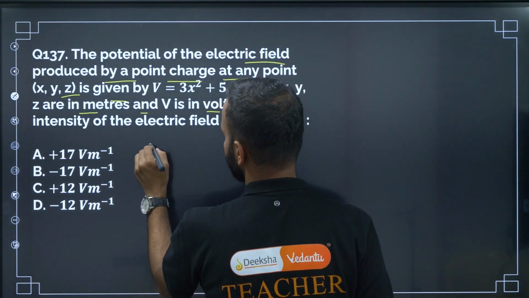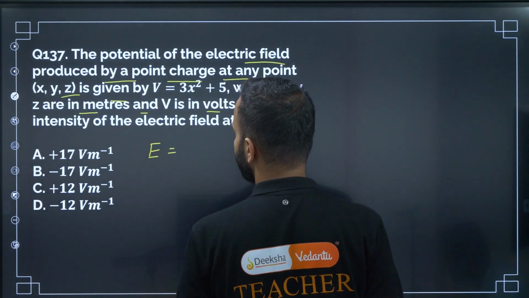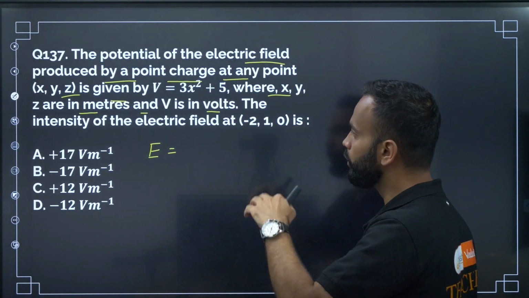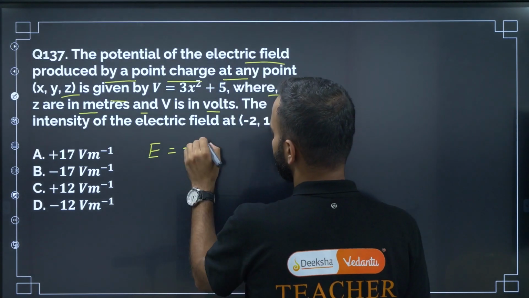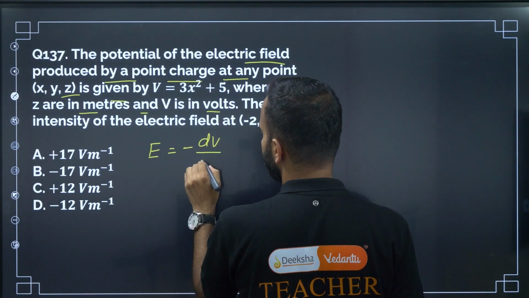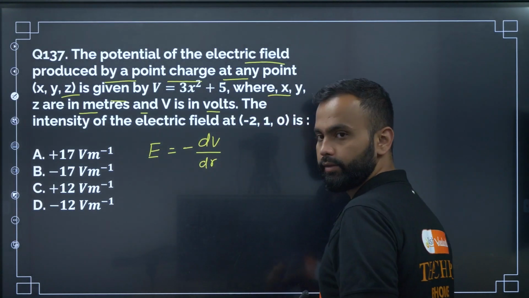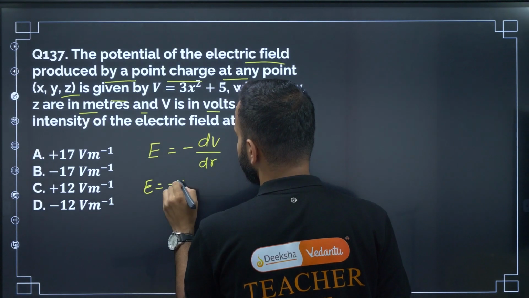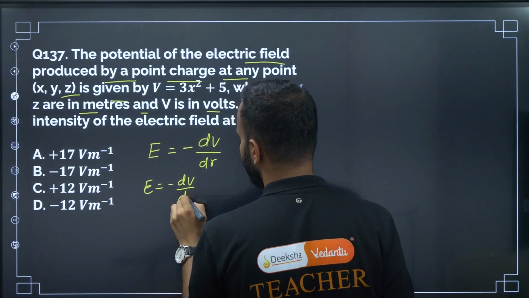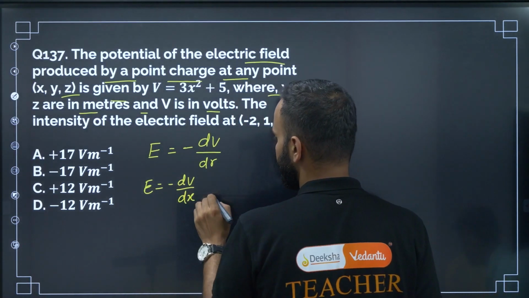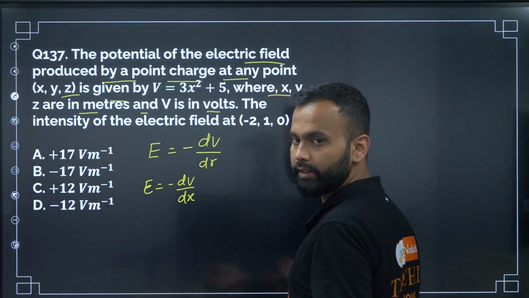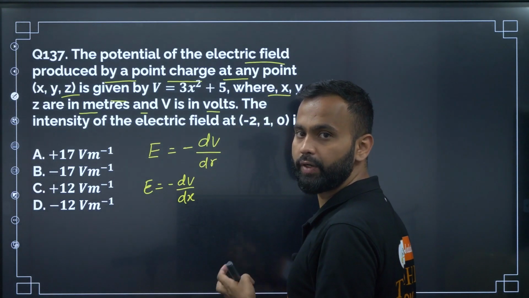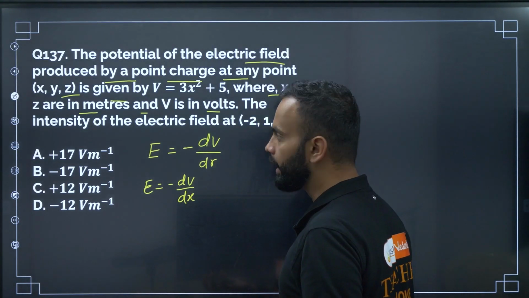Here intensity of the electric field is equal to the negative gradient of the potential, that is minus dV divided by dr. So E is equal to minus dV by dx i cap plus dy j cap plus dz k cap, right?